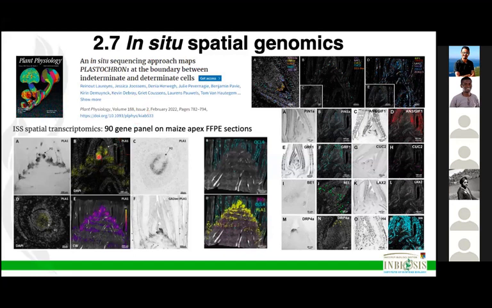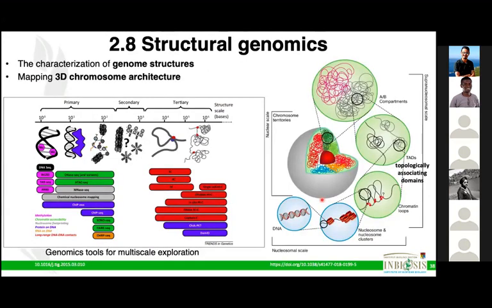At the same time, this is the Plastocon gene. They can identify the expression pattern together with other associated genes, like GRAPIN. All these are important developmental genes. So they can actually look at the expression in the sections and where they are expressed using this in situ spatial sequencing technology.